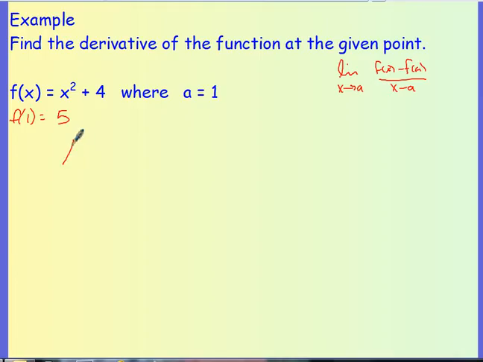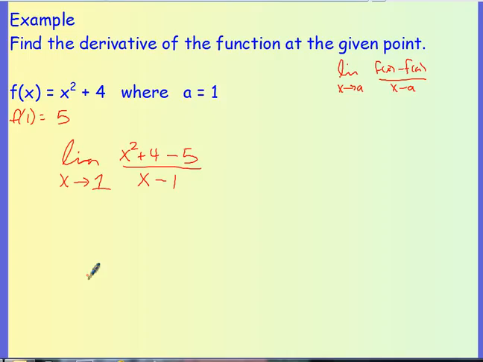I have the limit as x approaches 1 of f of x, which is x squared plus 4, minus f of a, which is 5, over x minus 1. You with me?